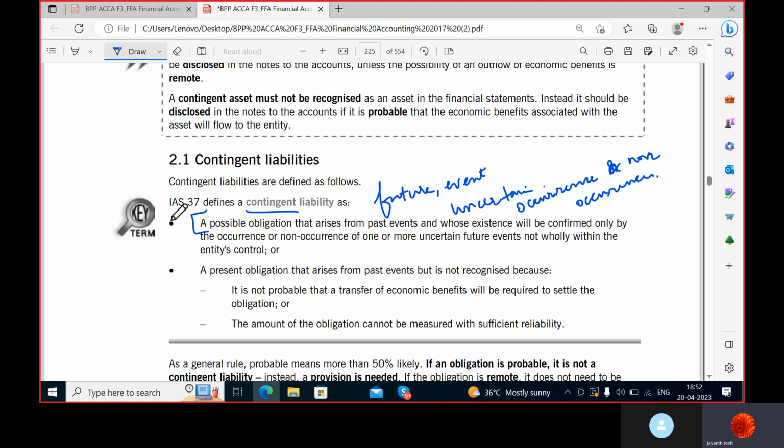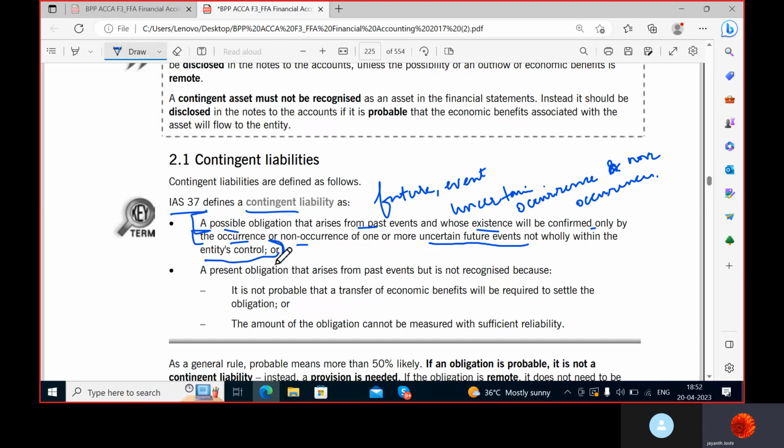Now we'll go through the definition as it is defined in the standard. A possible obligation that arises from past events. This is the same as what we have studied in provision, and whose existence will be confirmed only by the occurrence or non-occurrence of one or more uncertain future events, not wholly within the entity's control.